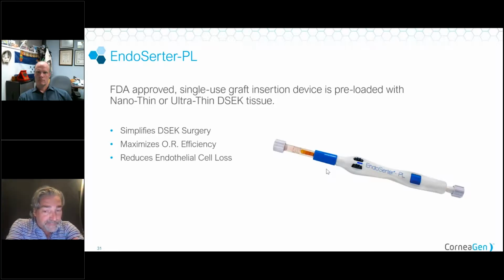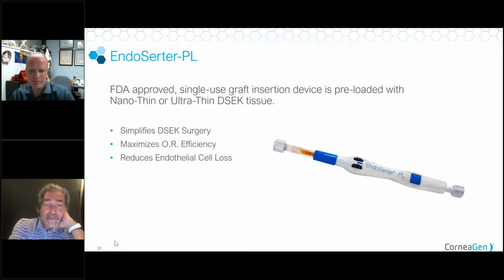So it'll probably be more available to a lot of you for whom the cost was prohibitive initially with the Endoserter, because it was an additional fee outside of the global fee you got for the tissue or for the case. Again, preloaded makes it easy, even more DMEK-like, and I think you'll enjoy this device when it gets in your hands.